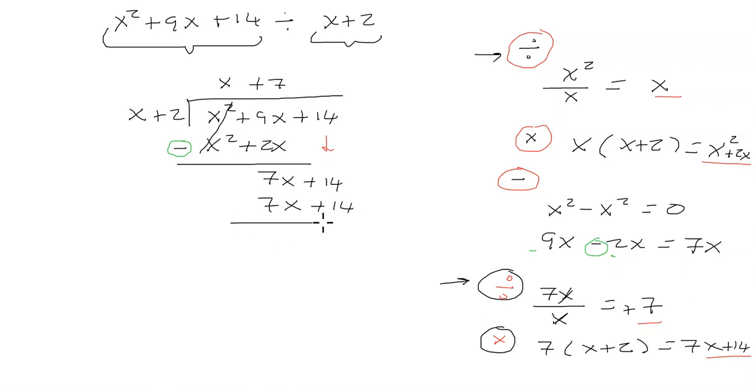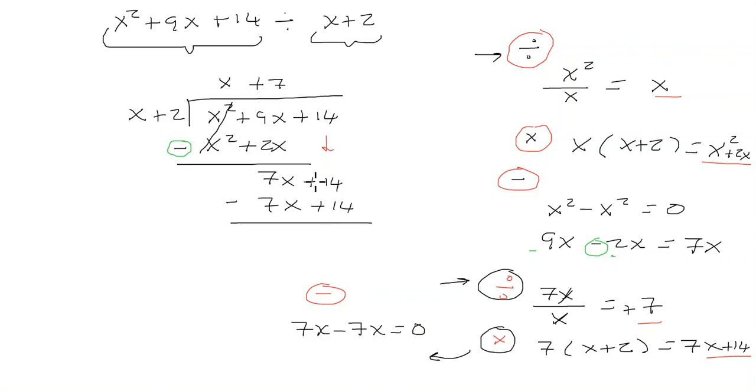Now we're into our second round of subtraction, the subtraction phase. I'll write this over here because I'm running out of space. We're subtracting this from this. 7x minus 7x is equal to 0.